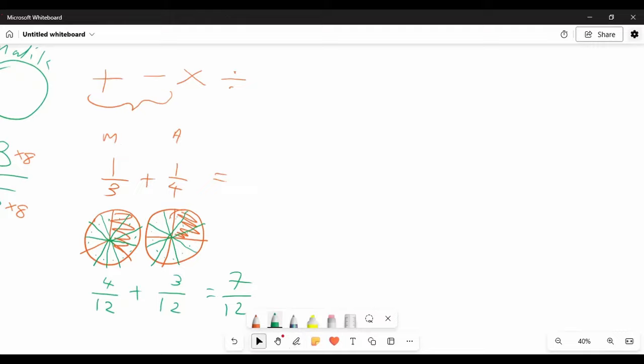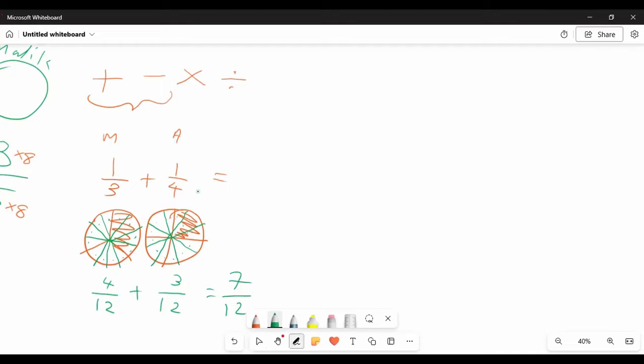Okay, great. All right. So the same concept works for subtraction also. If you have to subtract, the same concept, we have to make the denominators the same, because even when subtracting, the pieces should be the same. Okay, we'll take an example.